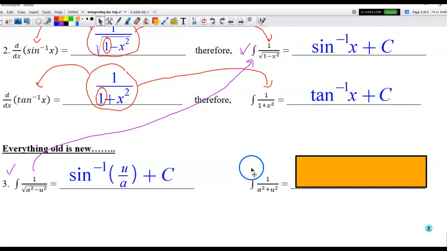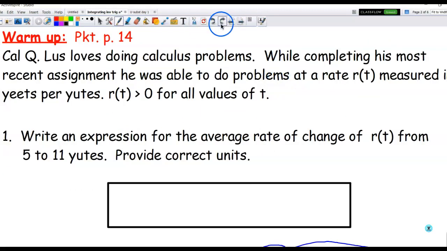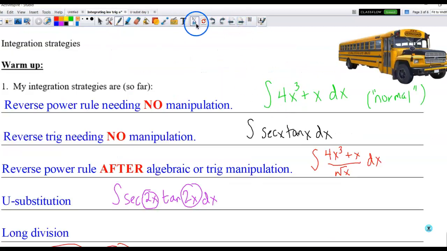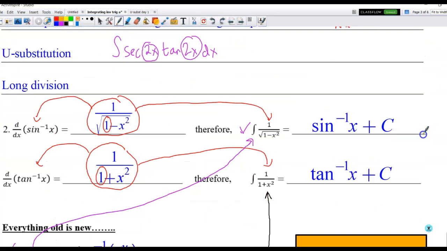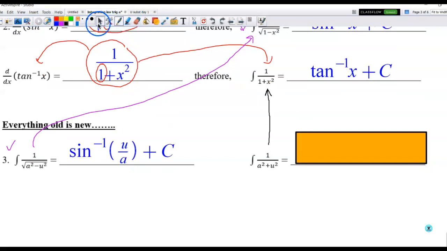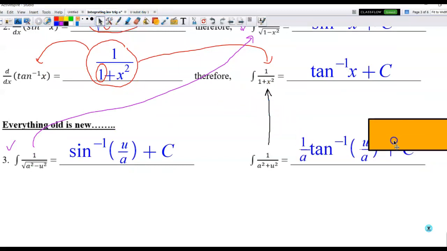Same thing with the second one over here. When I find the antiderivative of a squared plus u squared, you can see, no pun intended, that it fits this pattern right here. So that's going to bring us back to inverse tangent, but notice what's happening.